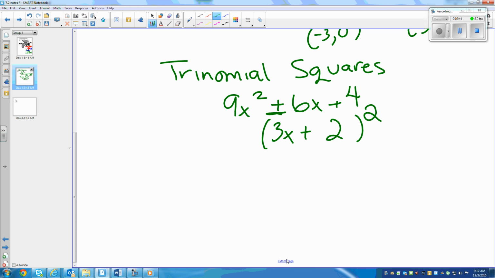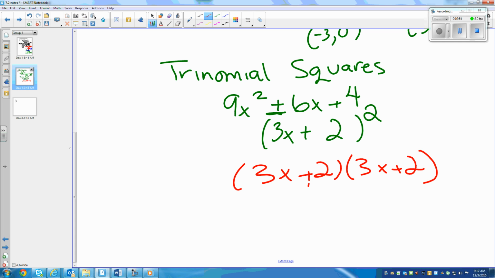So let's just double check that we actually had a trinomial square in the first place. How do you do that? 3x plus 2 times 3x plus 2, we FOIL, right? I don't know if I had a trinomial square to start with. So 3x times 3x is 9x squared, right? Do you guys remember FOIL?